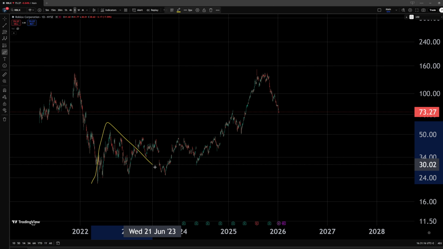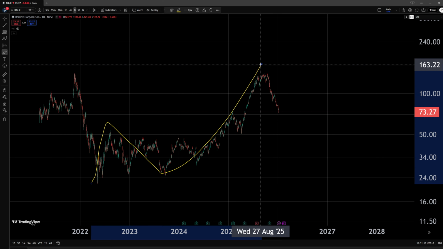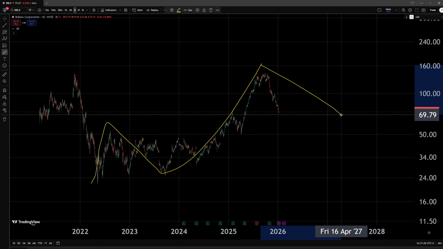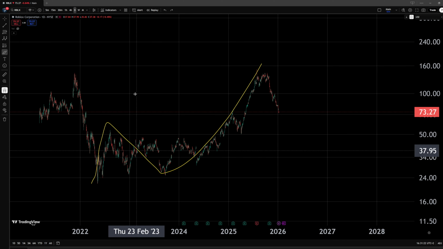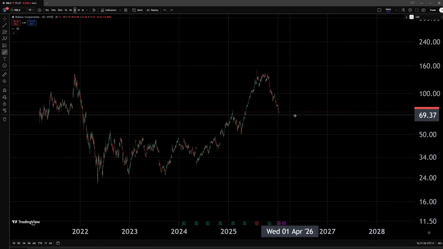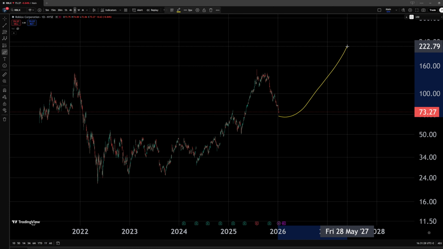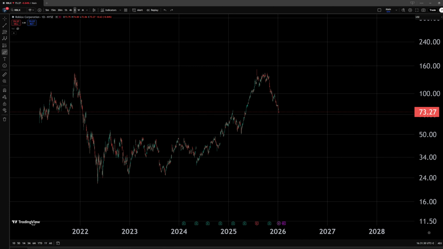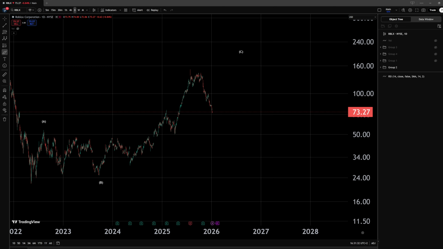If this is a 1, 2 and the third wave is complete, we would expect a correction in wave 4 similar to those proportions instead. And that may be a good hint in terms of what structure we should expect once we actually form a bottom and continue higher, but right now this is not the case.